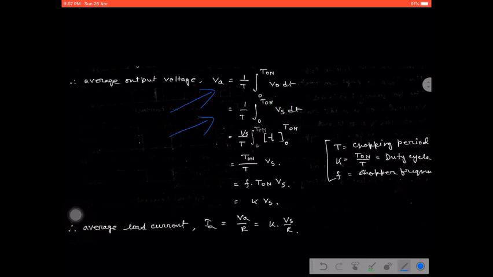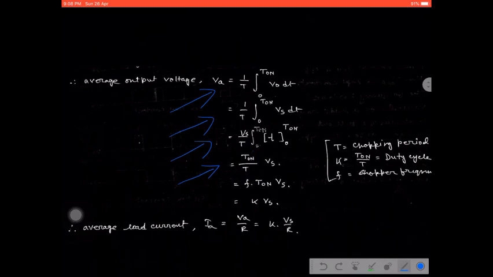After integrating, we will get the result, that is Vs by T, upper limit T1 and lower limit T0. After simplification, T1 minus 0 will give you only T1. So that means T1 by T times Vs, right?